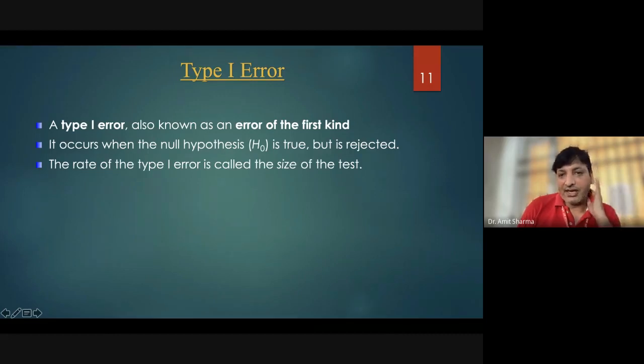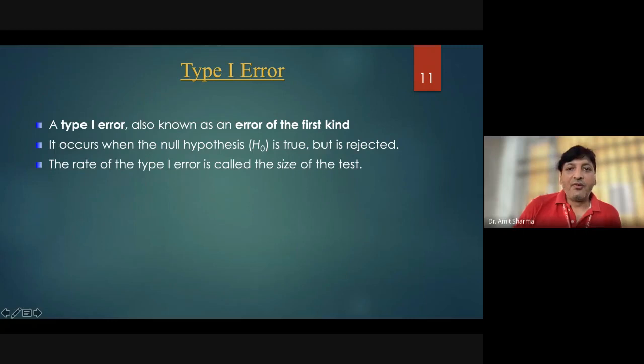See, this is statistical language. In most cases, whenever you have objective type questions, each line will act as a question. For example, there will be a question: type 1 error is also known as what? So four options will be there. So you have to remember that type 1 error will be called error of the first kind.